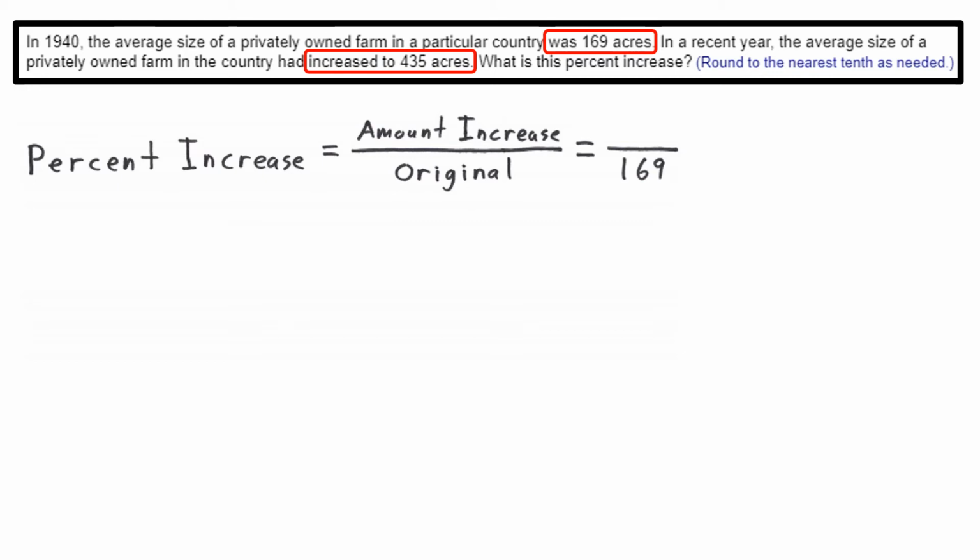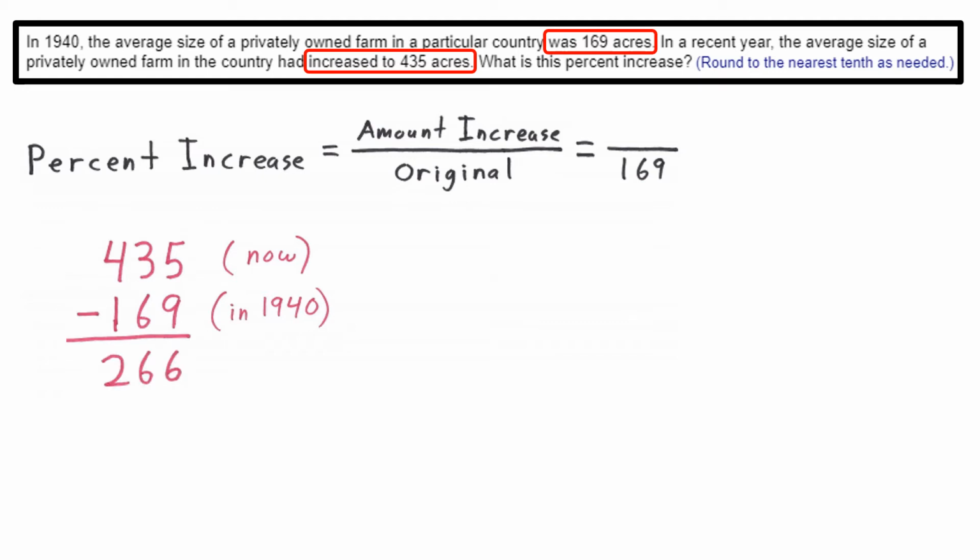It says that the farm size was 169 acres and that it increased to 435 acres, so we can subtract to find how much that increase is. 435 now, 169 back in 1940, and the subtraction gives us 266. That represents the increase of the acres of the farm. The amount of increase is what goes up top.